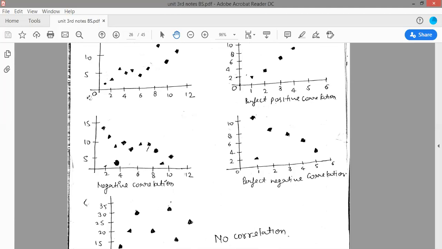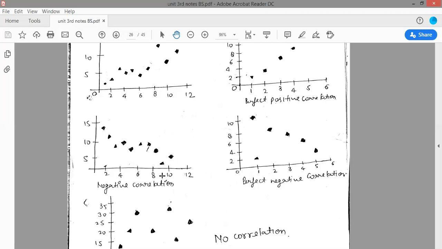Now the next one is your, just check your figure, first one. 2, 4, 6, 8, 12, 5, 10, 15. So at 2 on the x-axis, y is 15. At, suppose, 3 at 2 point something, y is more than 15. At 3, y is 15. That means one value is increasing and the other value is decreasing.